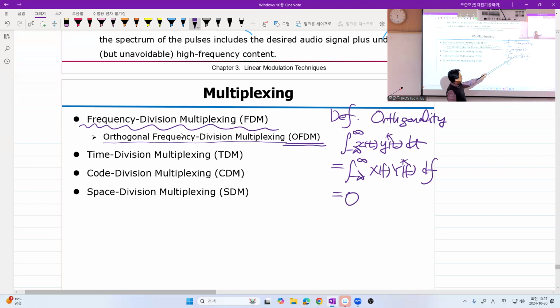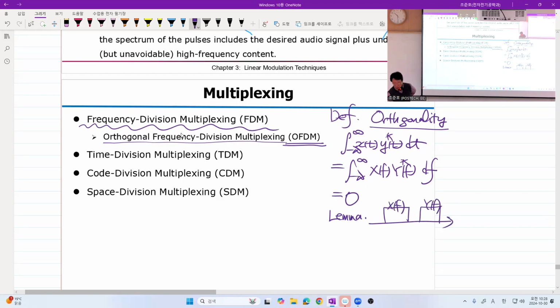In that case, still we have the conjugate for convenience. But anyway, let's define this as orthogonality of two continuous time signals. Then here goes a lemma. If X of f does not overlap in the frequency domain with Y of f, then we have what? Orthogonality.